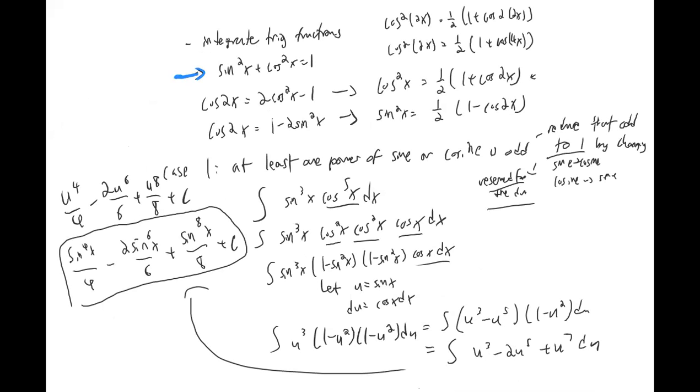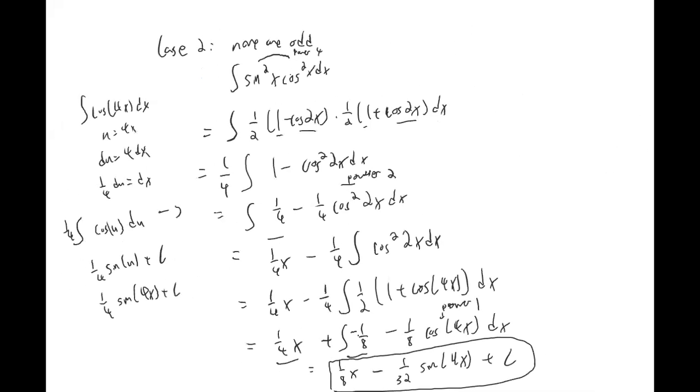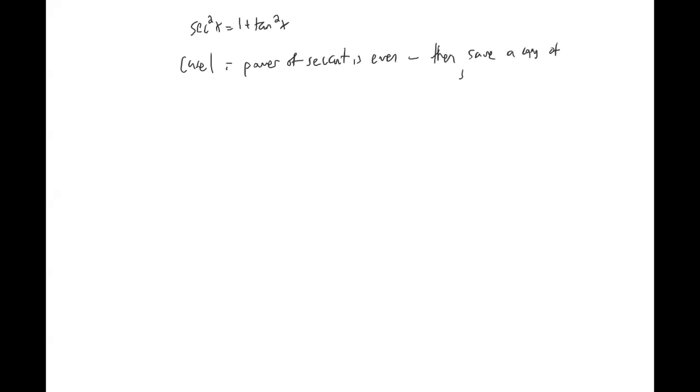So same thing for secant and tan. Yeah, so we have this identity. So case 1, power of secant is even. Then save a copy of secant squared.